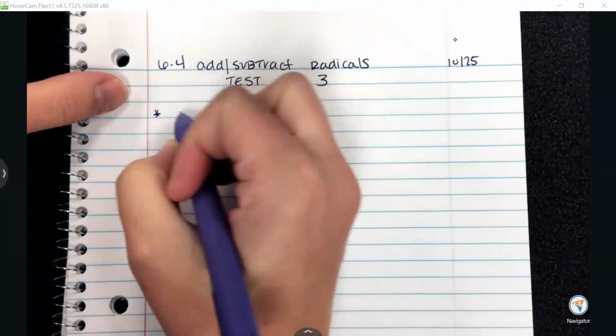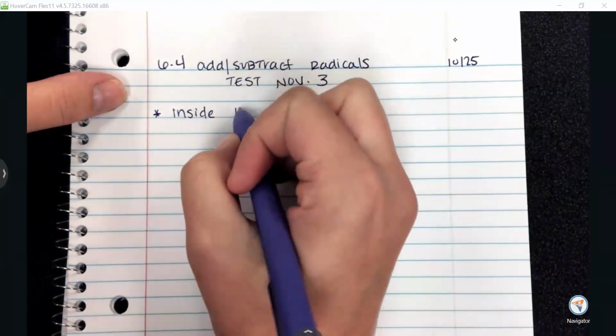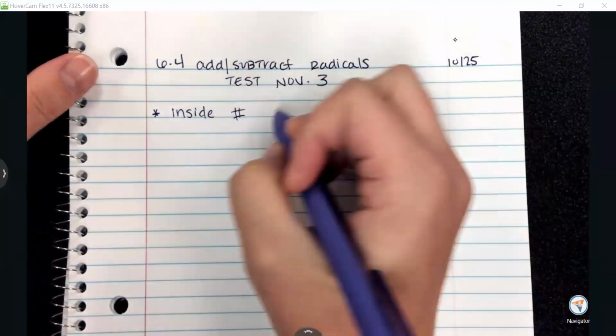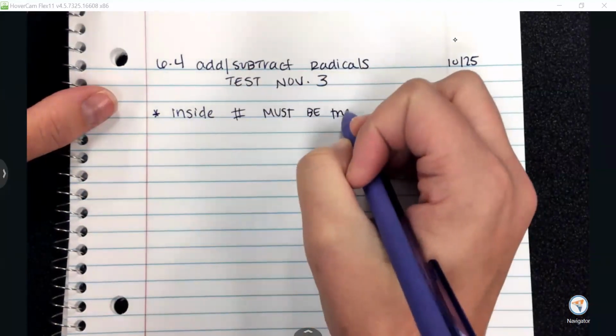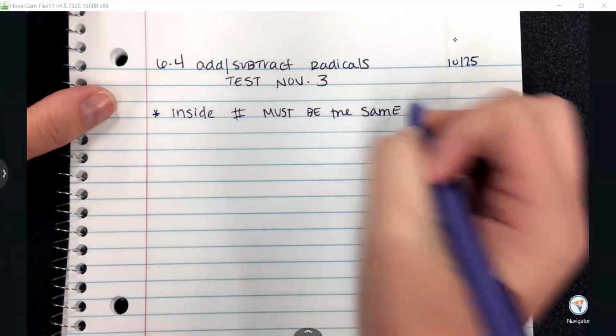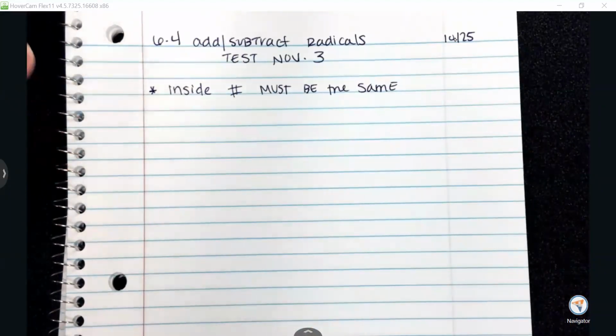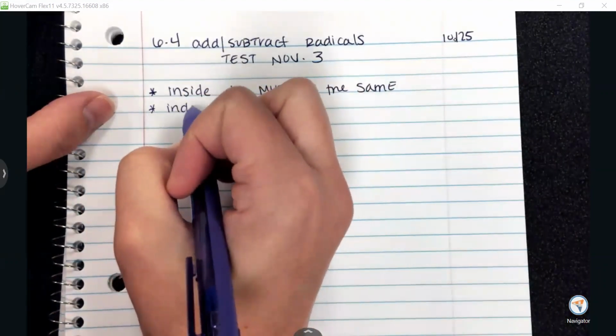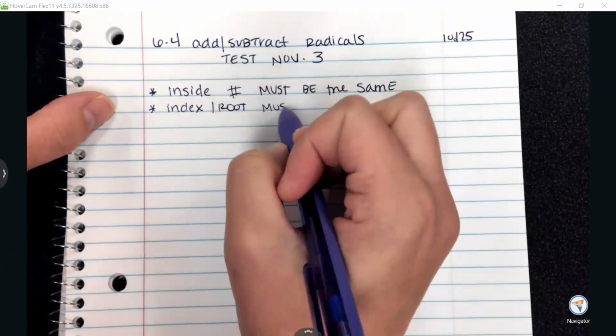In order to add and subtract radicals, rule number 1, the inside number, what's in my radical, must be the same. So I cannot add square root of 2 plus square root of 3. Can't happen, okay? Your index or your root must be the same.